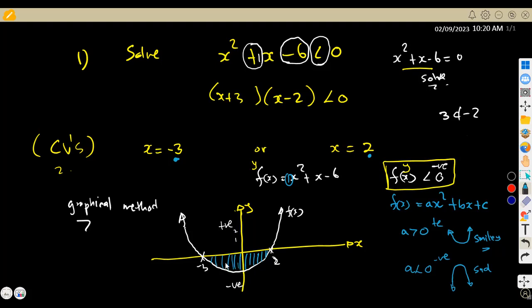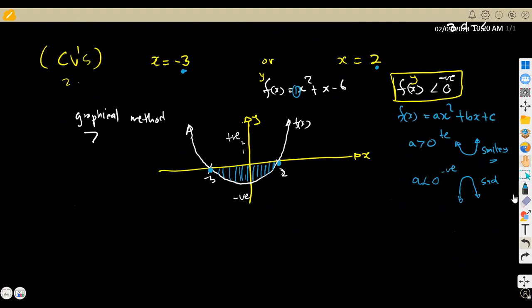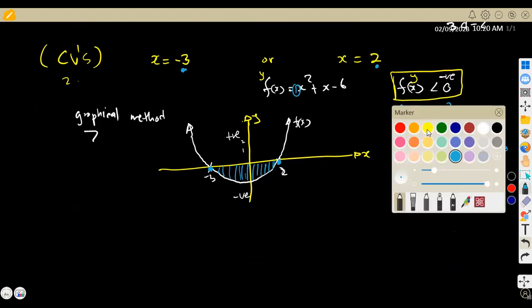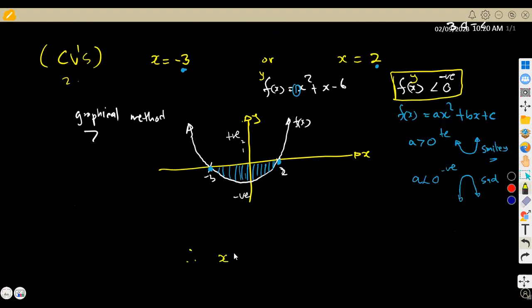So you're taking values in between -3 and 2. Therefore, x is greater than -3 but less than 2.